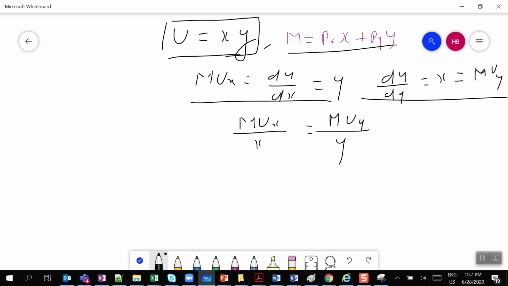Your marginal utility of x divided by price of x becomes equal to marginal utility of y divided by price of y.